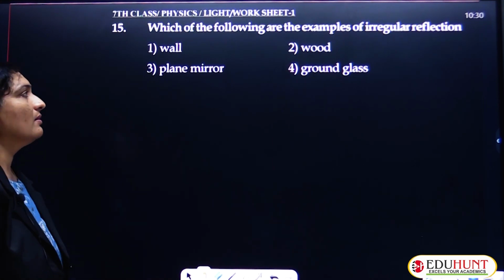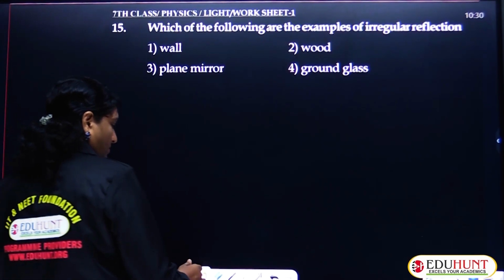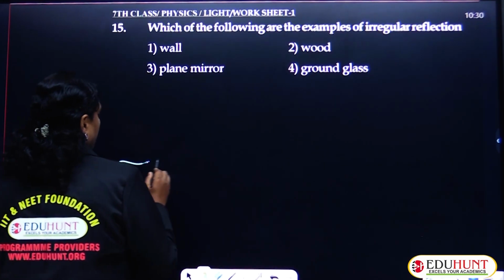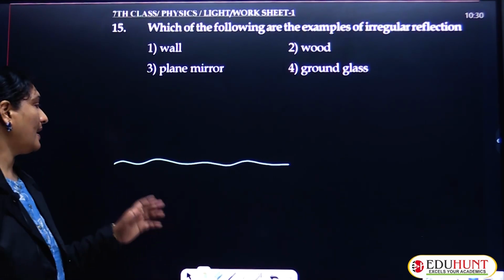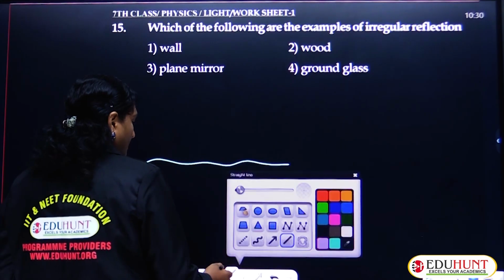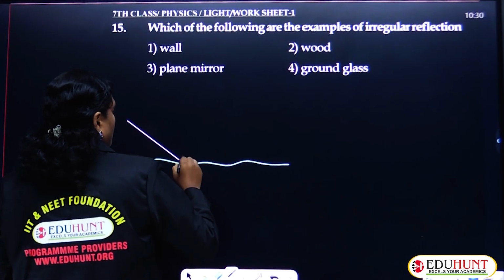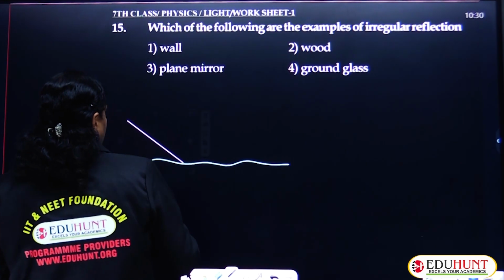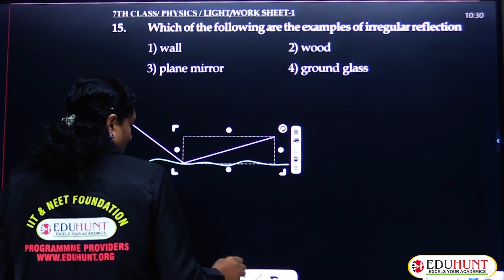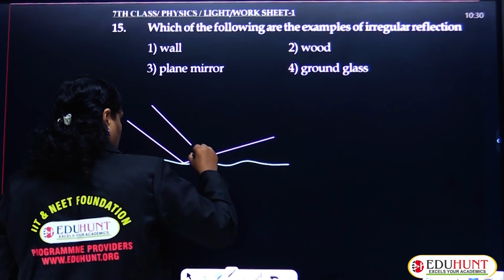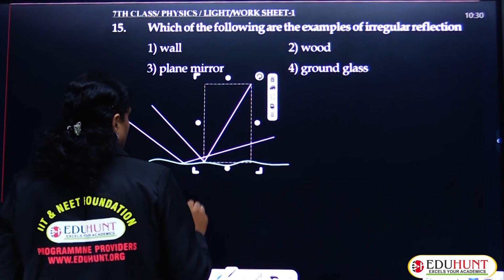Which of the following are the examples of irregular reflection? So, the previous concept we have discussed, that irregular reflection always occurs whenever a light ray is incident on a rough surface.